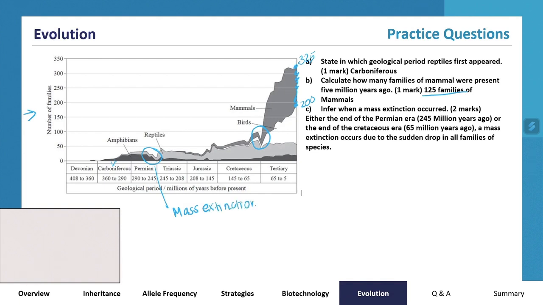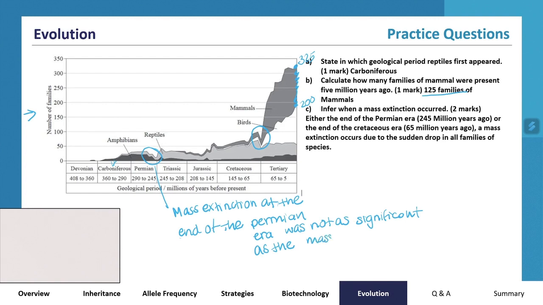So the mass extinction at the end of the Permian era was not as significant as the mass extinction of the Cretaceous period.